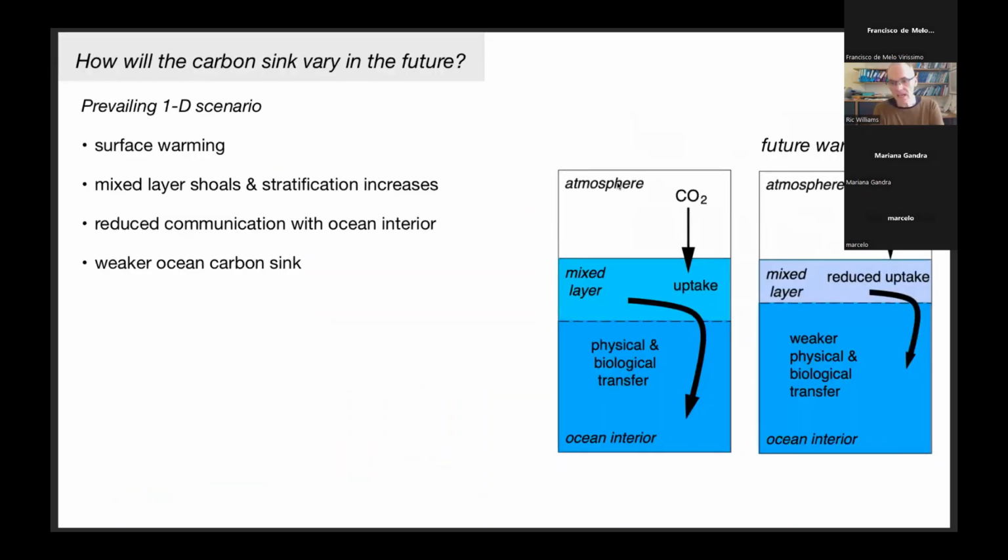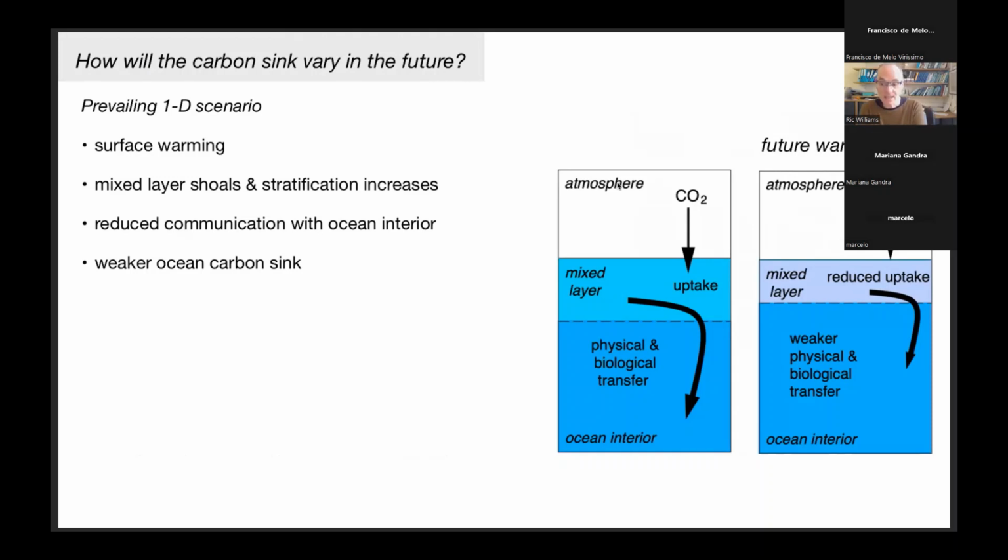So this then is, we would argue, directly relevant to questions about how our carbon sink will vary in the future. In the last IPCC report, a central outcome of that report was that the natural carbon sinks provided by the land and the ocean become less effective in time.